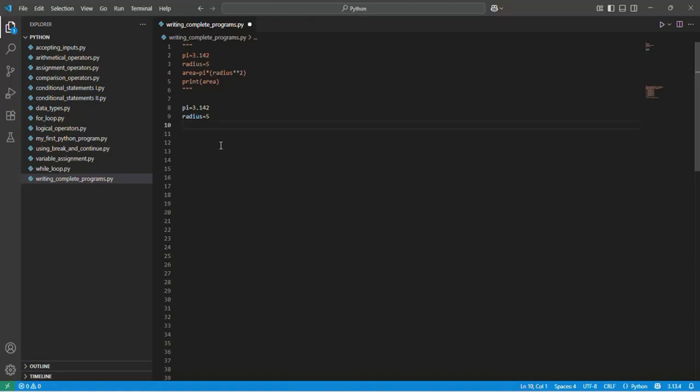So area is equal to pi times, open parenthesis, radius square.